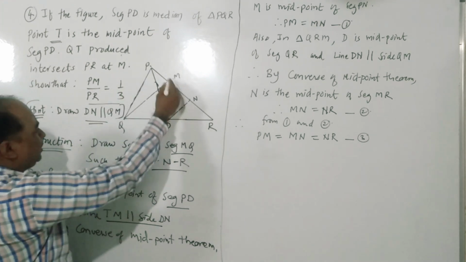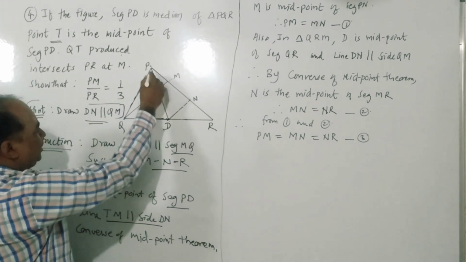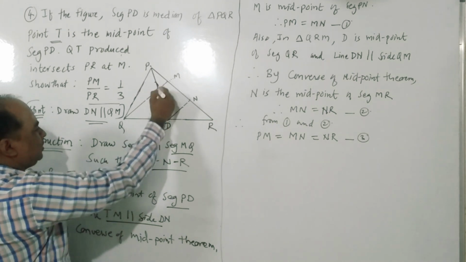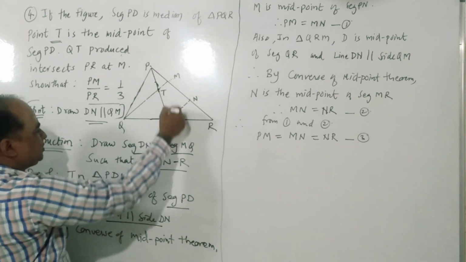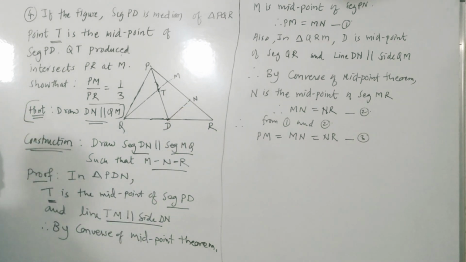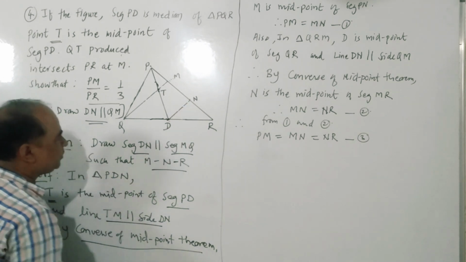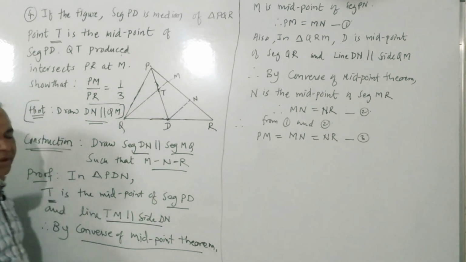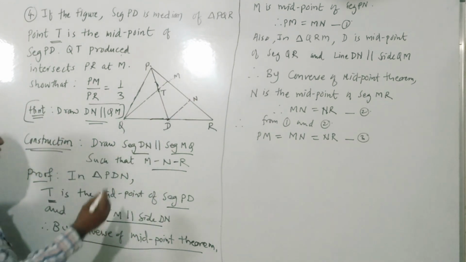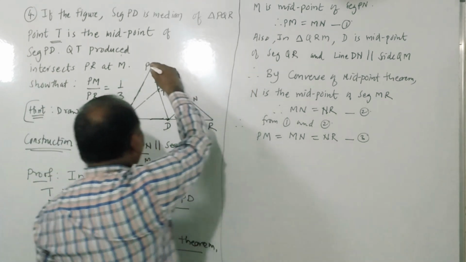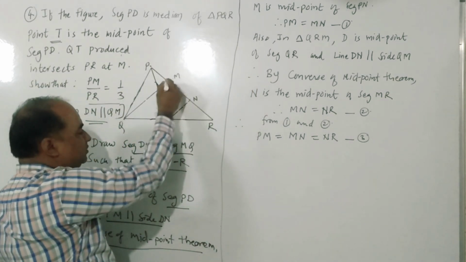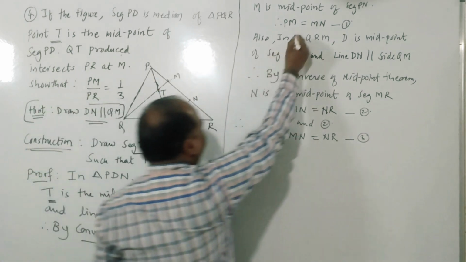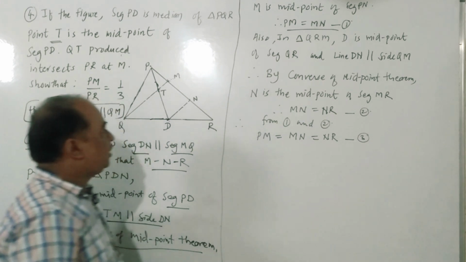So when in a triangle, on one side of the triangle there is a midpoint, and TM is parallel to DN, then by the converse of the midpoint theorem, M is also the midpoint of PN. So PM is equal to MN, statement number 1.